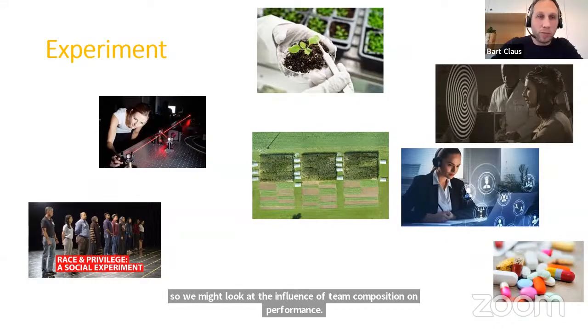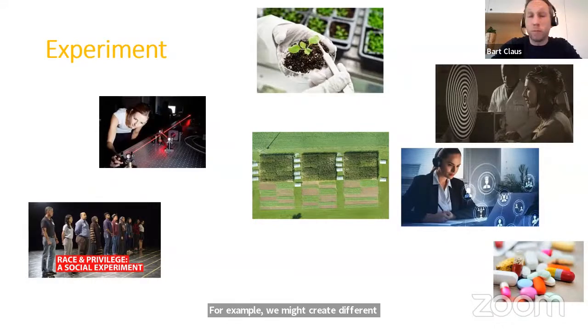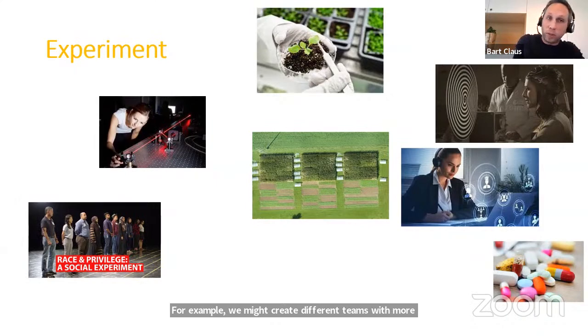We might create different teams with more balanced teams, for example, in terms of hierarchy, in terms of experience, or teams that are more balanced in terms of gender, right? This could be the topic of research. Teams with specialized knowledge versus generalist knowledge, etc. Right? All of those things can be studied.